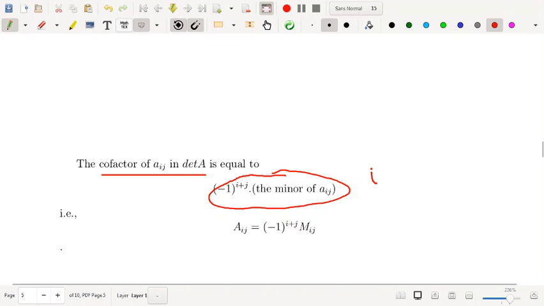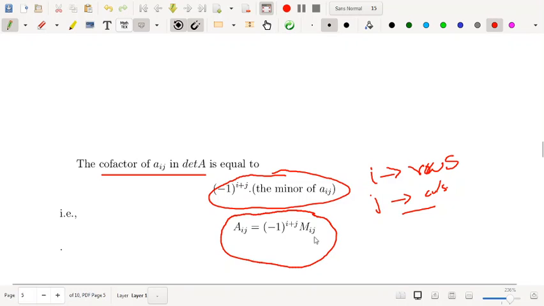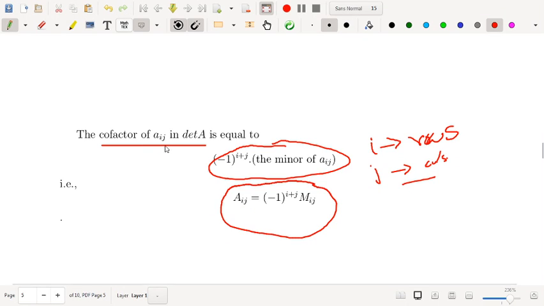What is i? i represents the rows, and j represents the columns. So the cofactor Aij is minus 1 whole to the power i plus j times Mij. So actually the cofactor is the signed minor.